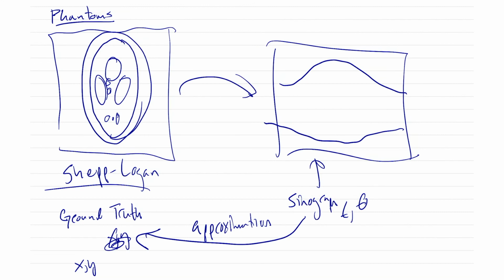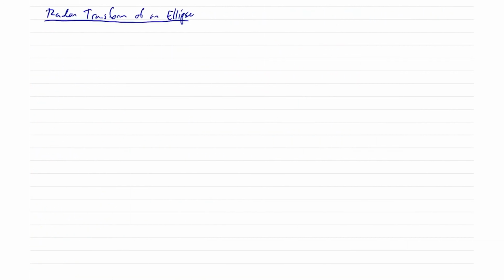The big thing about this, though, is that for most of these phantoms you're going to need to know what the Radon transform of an ellipse is. That way you can produce an exact representation of the sinogram without doing any crazy computations.